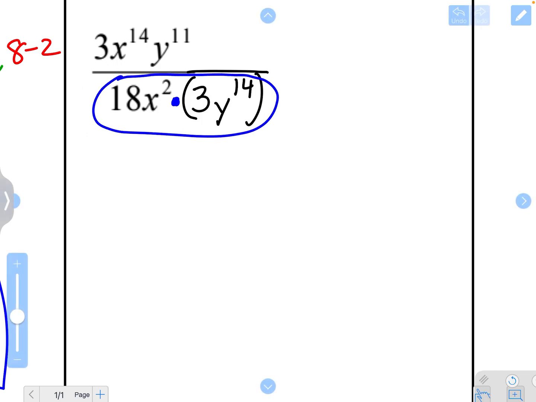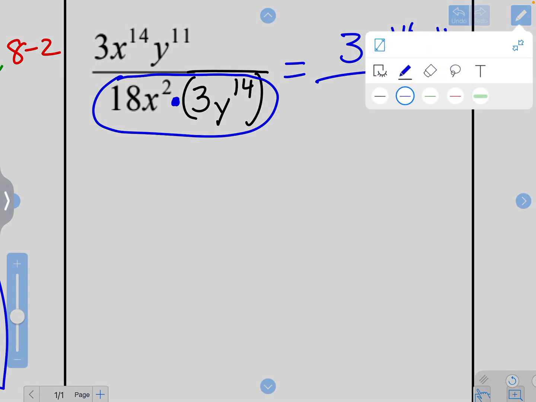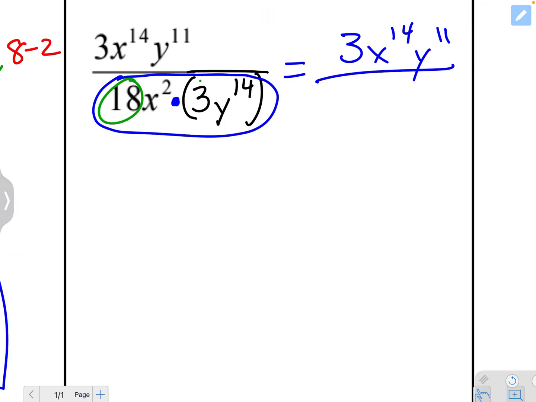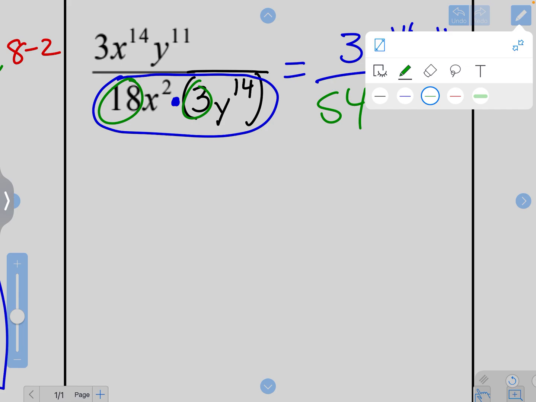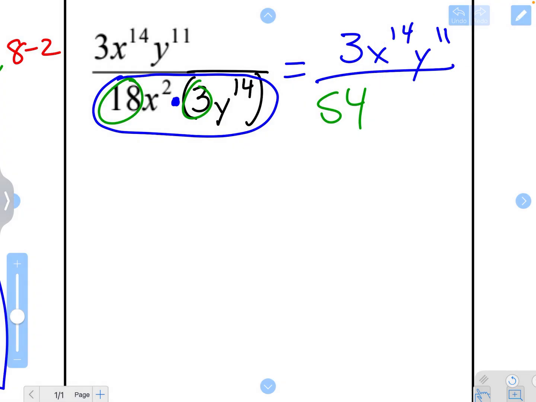So I'm just going to rewrite the top half of the problem because there's no multiplication that needs to happen there. I need to multiply my coefficients. I need to take 18 times 3, which gets me 54. I need to write down my bases, which is x. I've only got 1, so it becomes x to the 2. Then I need to write down my base for my y, which is 14.